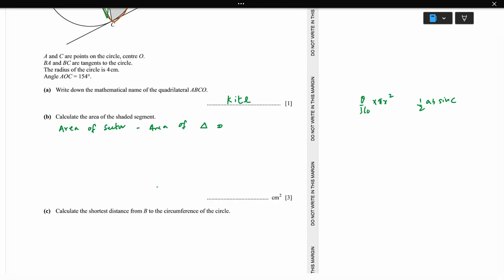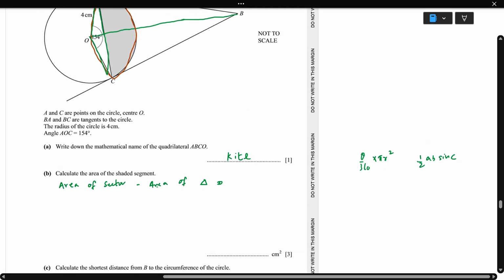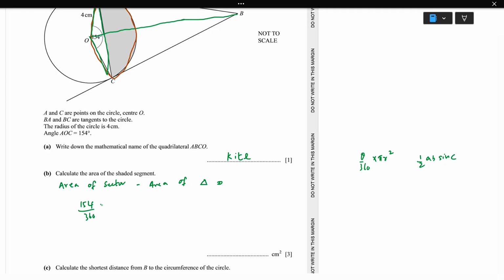Let's start here. Area of a sector is theta by 360, which is 154 over 360 into pi into r square. Radius is 4, so 4 square, minus half into 4 times 4 times sine 154, because radius is going to be the side.